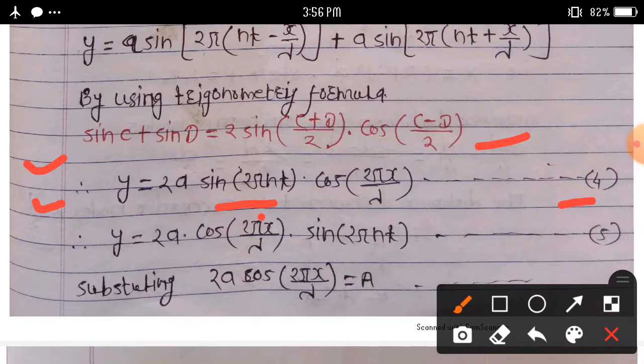Then y = 2a cos(2 pi x/lambda) sin 2 pi nt. Consider equation 5. Here, rearranging equation 4, we get this equation.